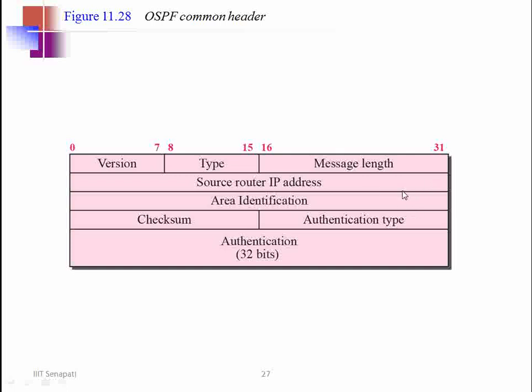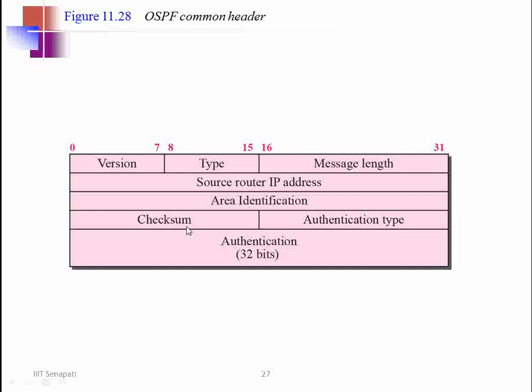It defines the length of the total message including the header. This is the source router IP address, 32-bit. It is the address of the router which sends the packet. And area identification is another 32-bit field that defines the area within which the routing packet plays, right?